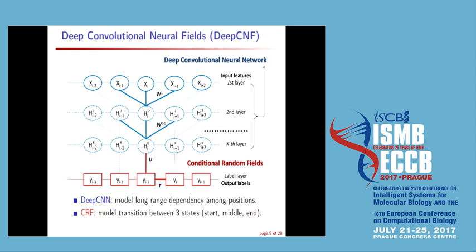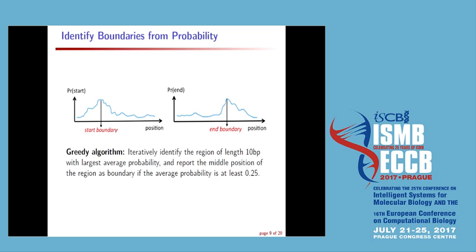This model gives us the probability for each position, for each label. With these probabilities, we use a simple greedy algorithm to infer the final boundaries: we iteratively identify the peaks of the probability and identify them as final boundaries.